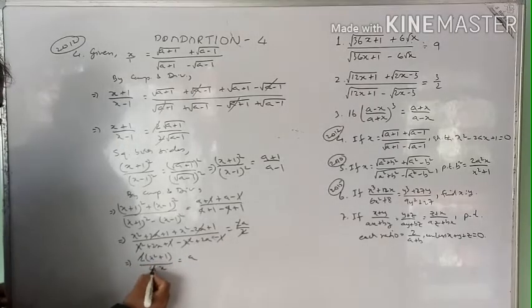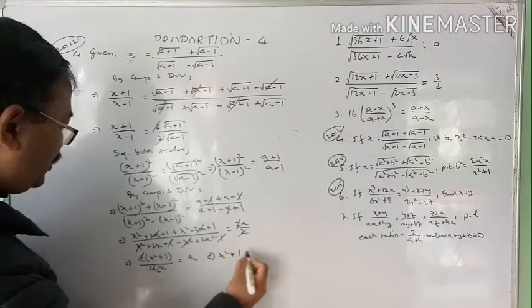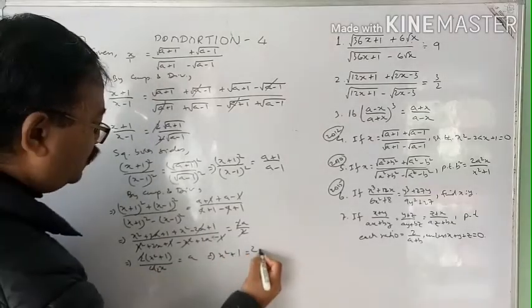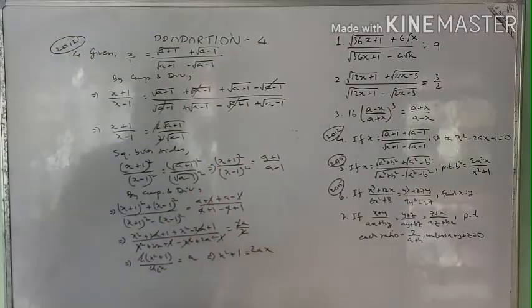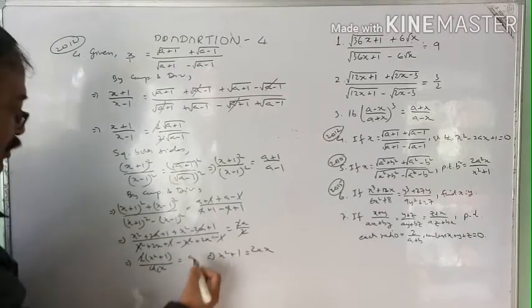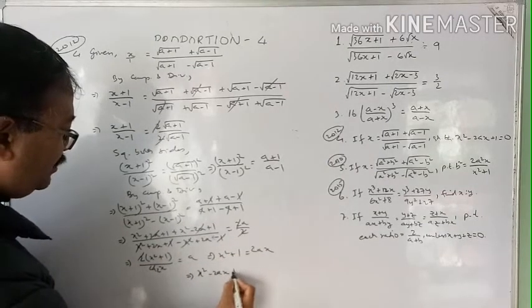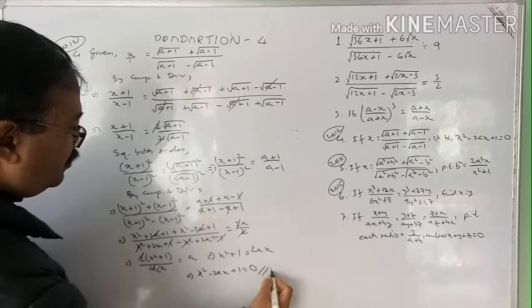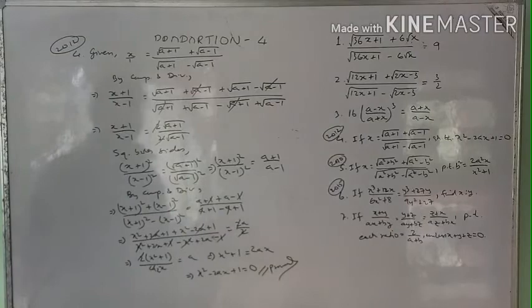So 2 will cancel. If you cross multiply, you get x square plus 1 is equal to 2ax. Now what you have to get is x square minus 2ax plus 1 equal to 0, so you bring it to LHS. So you get x square minus 2ax plus 1 equal to 0, so it is good.